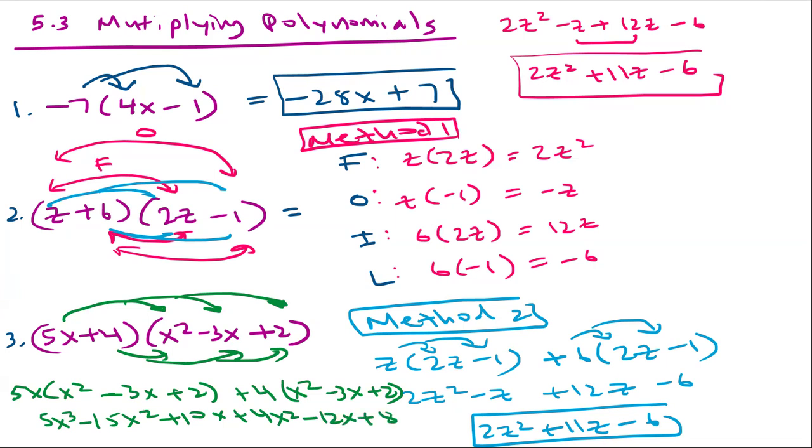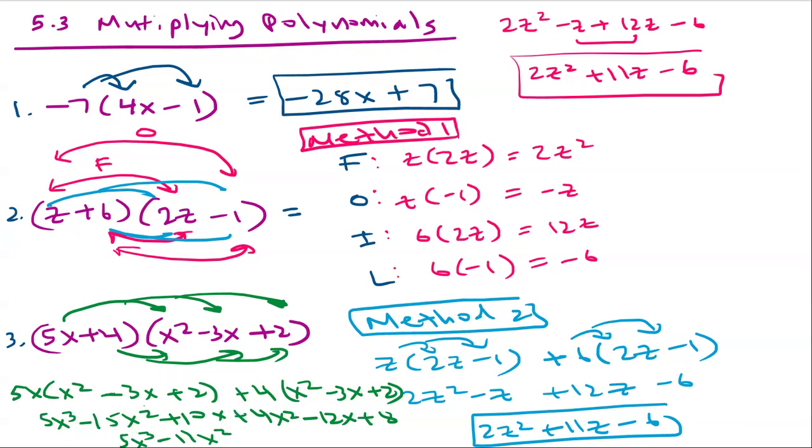Then I combine my like terms. We just have a 5x to the third. Then we can have the minus 15x squared and the 4x squared. So we can have this one here with this one here, okay? All right, so that will give us what? Minus 11x squared.